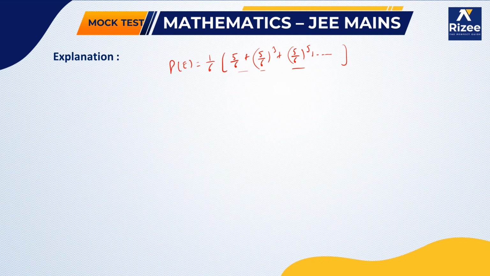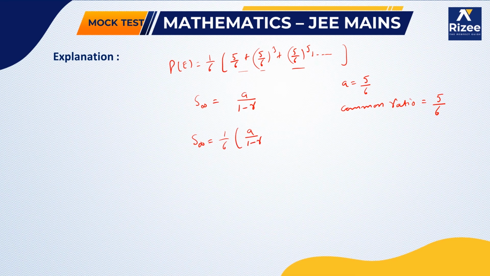S infinity is equal to A by 1 minus R. Here A, the initial term, is 5 by 6, and the common ratio is 5 by 6. Substitute here: S infinity is equal to 1 by 6 into A by 1 minus R. We get the answer.